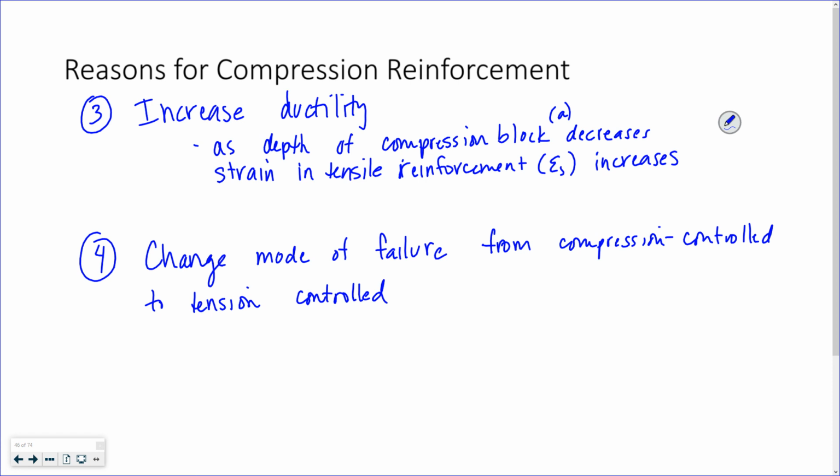That's what that whole explanation was all about, right? If you find that you're not reaching yield, or maybe you're in that transition in your phi factor, and you want to switch from compression controlled, or maybe transition, to tension controlled, shove some compression steel in there, see what happens. Or include it in your calculation instead of ignoring it.